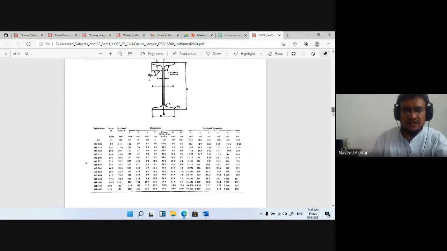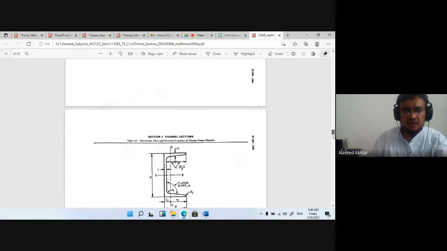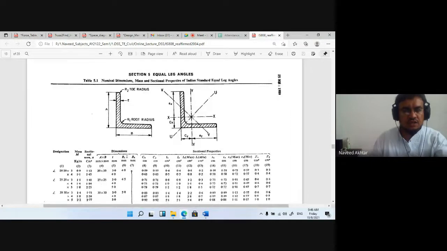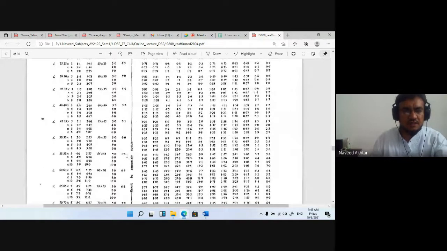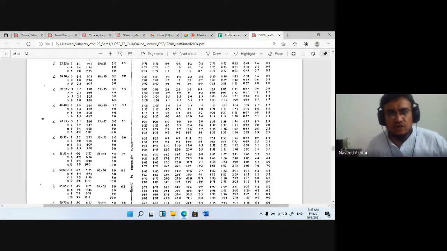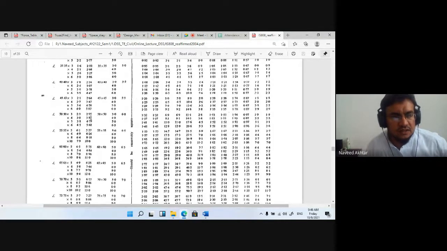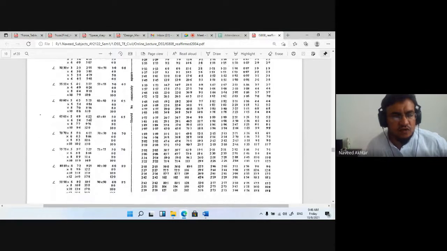Select from the angle section. You will select the angle section based on the area. What is the area required for single angle? 427. So you can see here the sectional area in centimeter square is given, and 427 means 4.27.